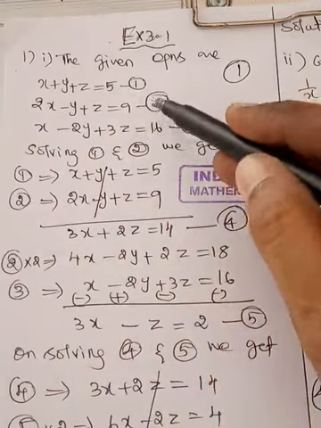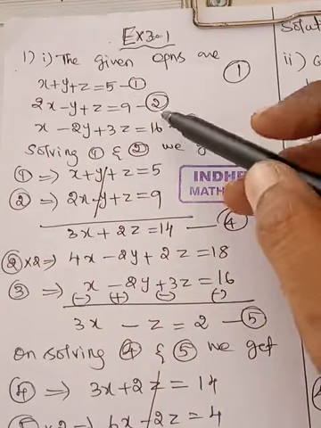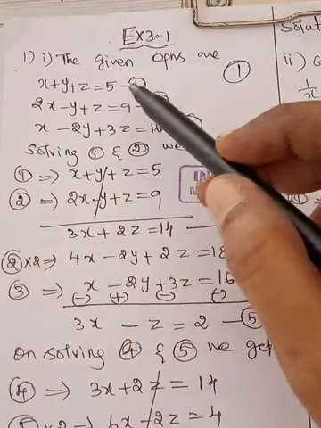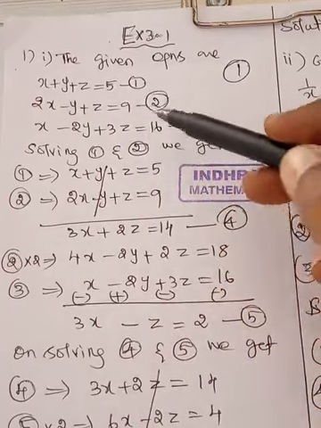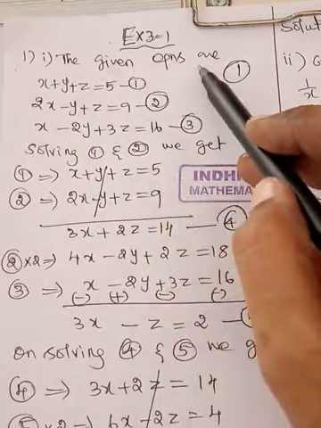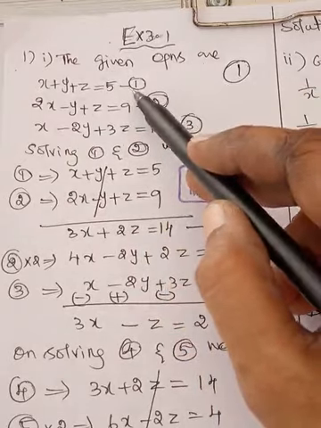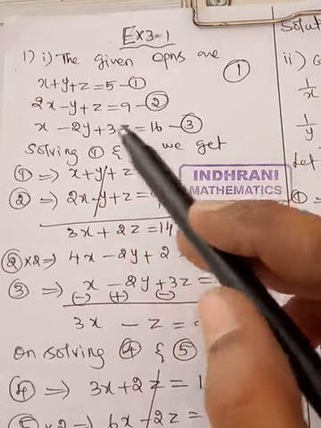The number of equations and number of unknowns are equal, then only we can solve. So the first point, we have to write the three equations one by one. Call them equation 1, 2, 3. The given equations are: first equation is called 1, second equation is number 2, third equation is number 3.